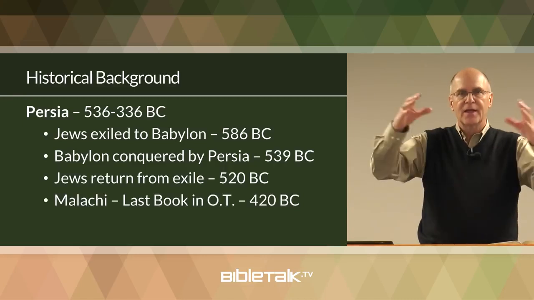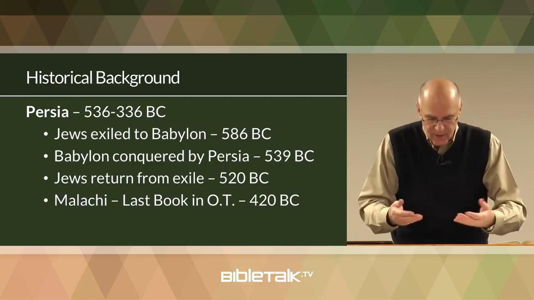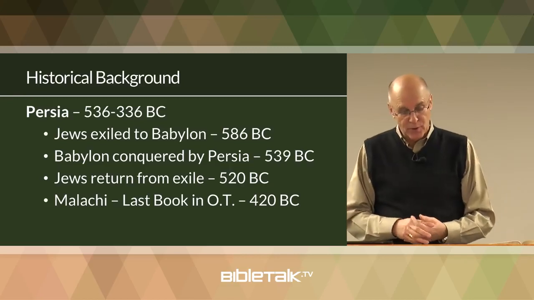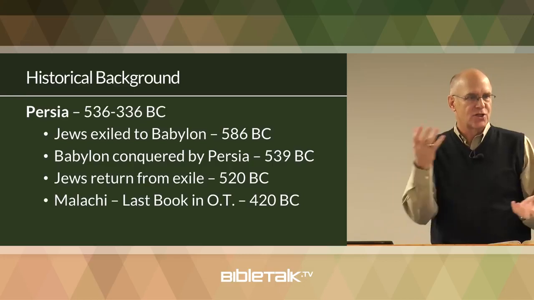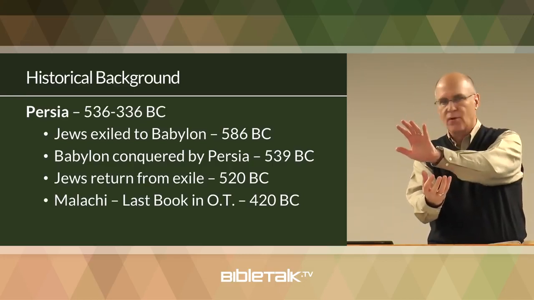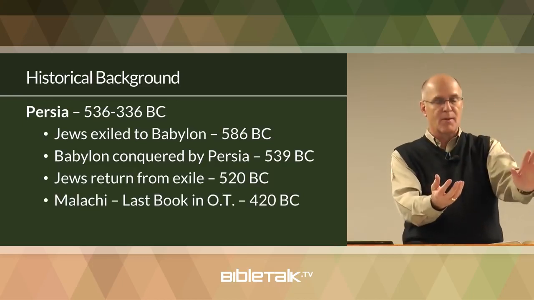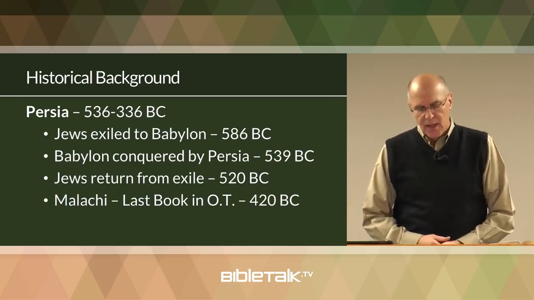And while they were in exile in Babylon, the Babylonian kingdom fell to the Persians in 539 BC. So very interesting, the Jews were captive under 2 world powers here: first the Babylonians and then the Persians, who took over from the Babylonians and kept them in captivity.